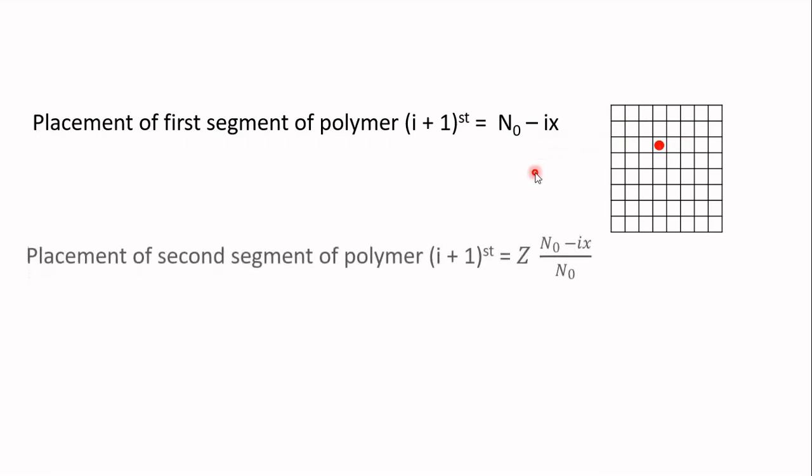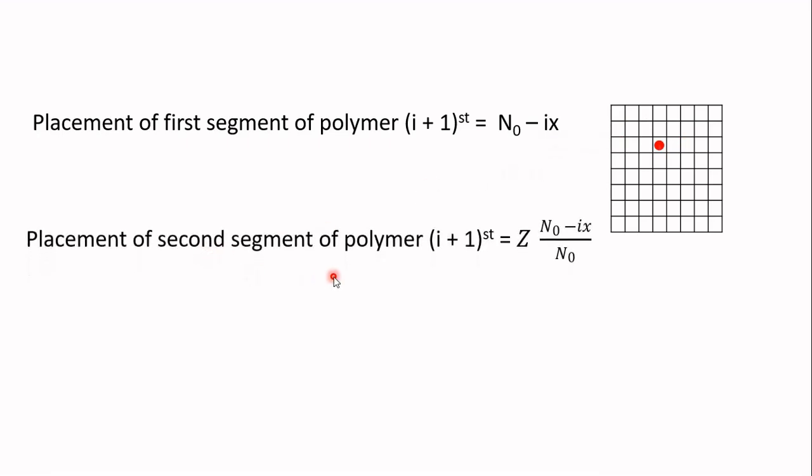Now you consider the placement of the second segment of the i plus first polymeric chain. So the number of vacant sites available for this will be Z into N0 minus ix divided by N0, where Z is the coordination number. So here you just consider the second segment of a polymer molecule cannot be placed anywhere in the crystal lattice.